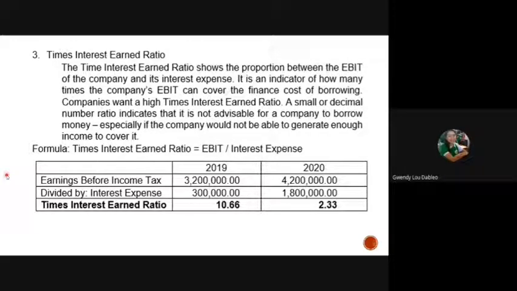Now, comparing the times interest earned ratio for the company of the two periods, we can conclude that the company is very solvent in the year 2019 compared to the year 2020. Ngano man, ma'am? Because it is 10 times more solvent to pay the interest with its income before tax.